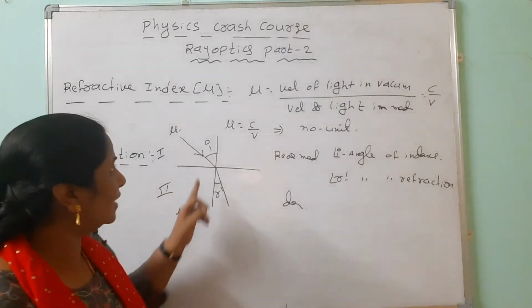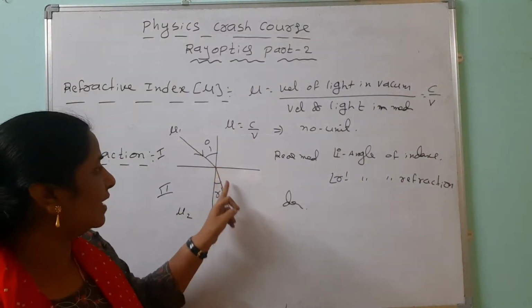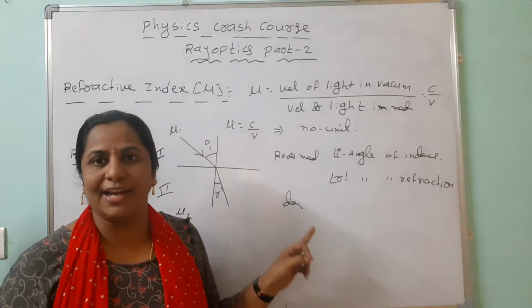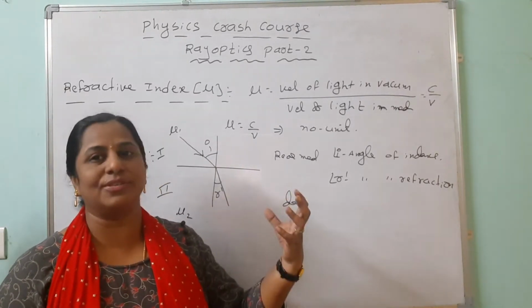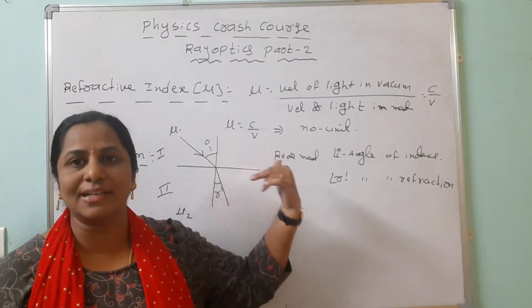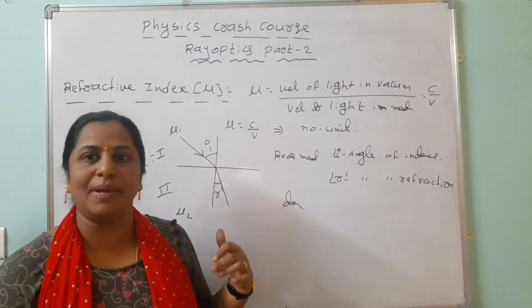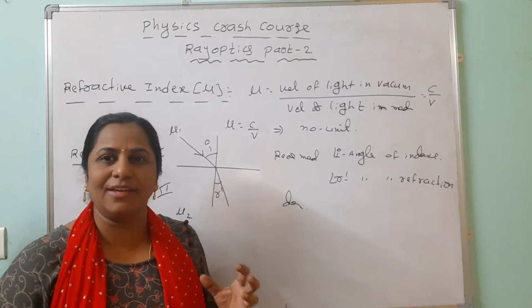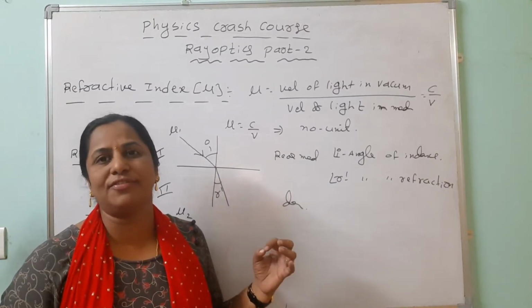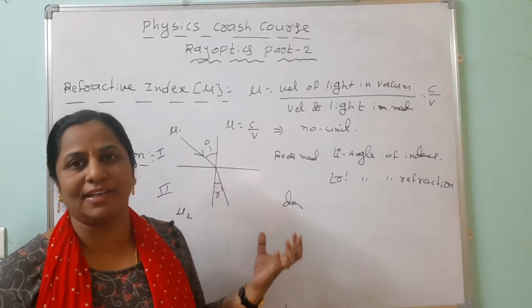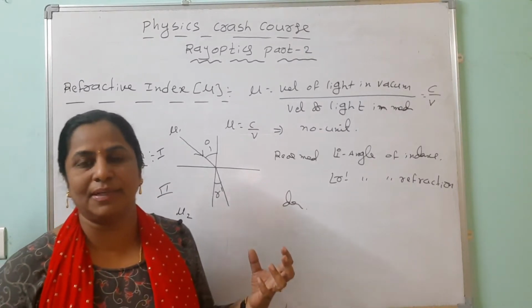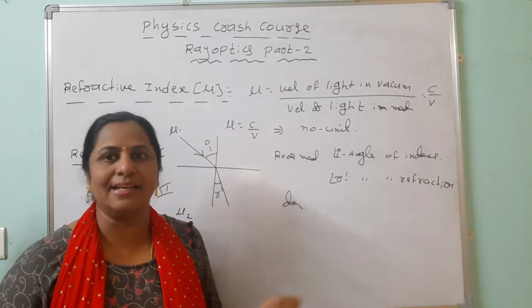Already you know that when light is traveling from rarer to denser medium, like air to water, it is bending towards the normal. Same thing, reverse you should think. When the light is traveling from denser to rarer, it is bending away from the normal. So the common definition for refraction: the light ray is traveling from one medium to another medium and it is bending. That is refraction.